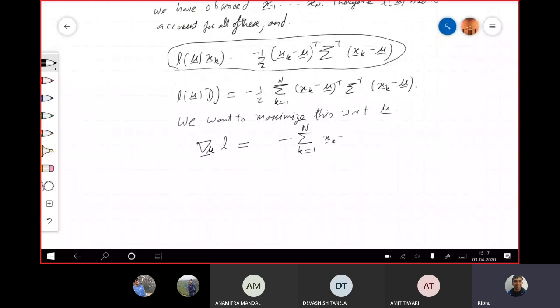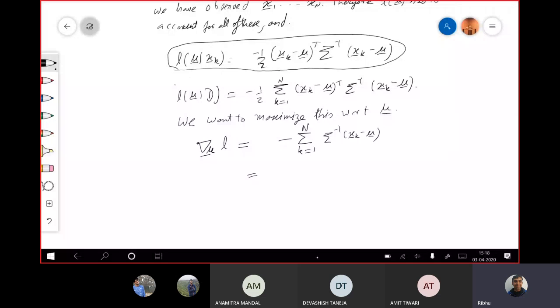So you can now see what I have written. And differentiating this, I essentially get a vector. So basically we get sigma inverse xk minus mu. Equivalently, this becomes minus sigma inverse, outside within brackets, summation k equal to 1 to n xk minus mu, and this is equal to 0.